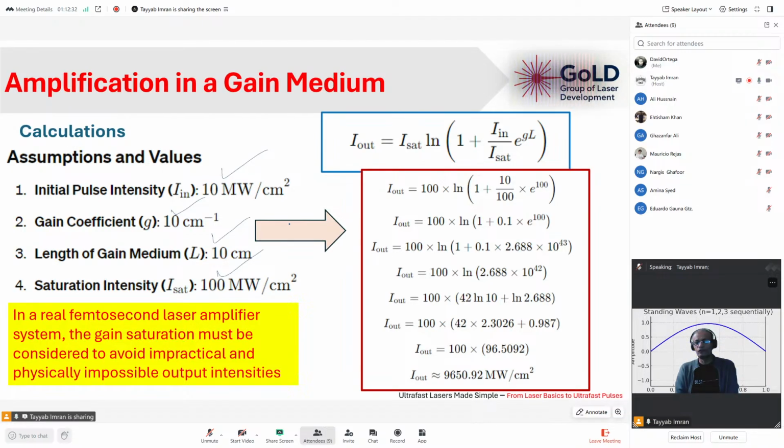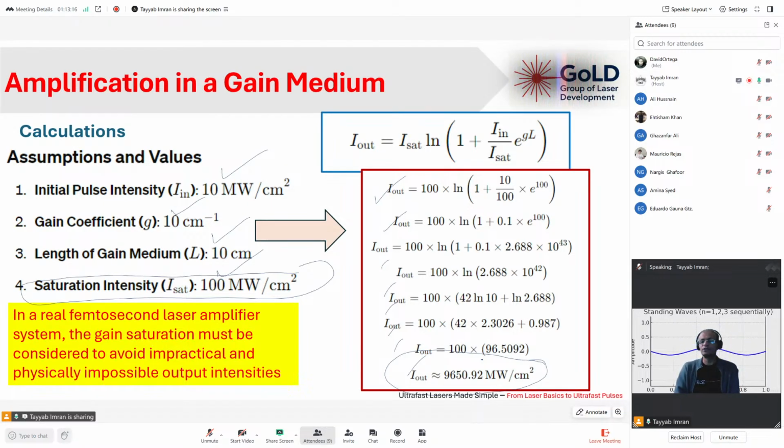Practically, if you want to design an amplifier, you have to consider the saturation intensity, the gain saturation concept. It is a must. If you substitute these values here, after some calculation steps, at the end you get 9650.92 megawatts per centimeter square.